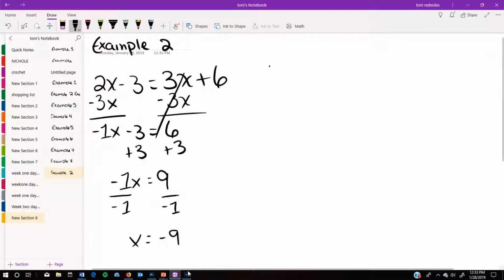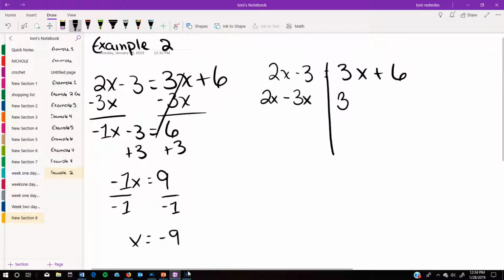Okay, let's do it the railroad track way now. Draw my railroad track. 2x stays over here because I'm not switching, so I'm not going to change the sign. But I am going to bring the negative 3 over here, and it's going to become a positive 3 because it crosses the railroad track. This is going to cross the railroad track so it can be combined with the like term of 2x, and when it does, it becomes a negative 3x.